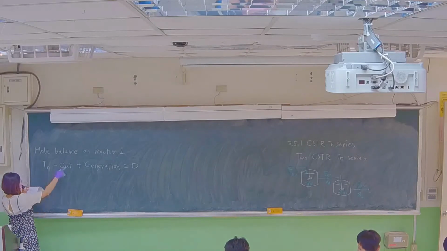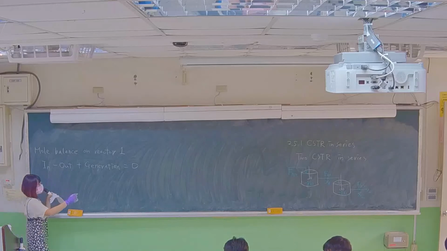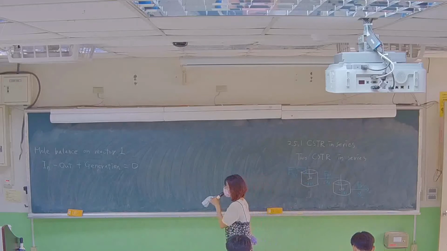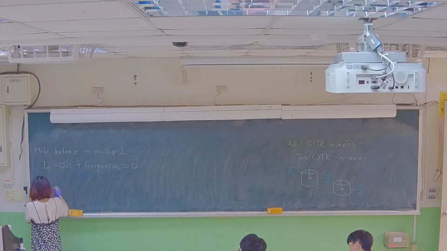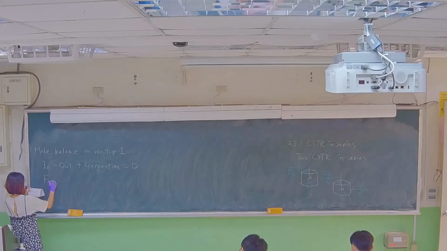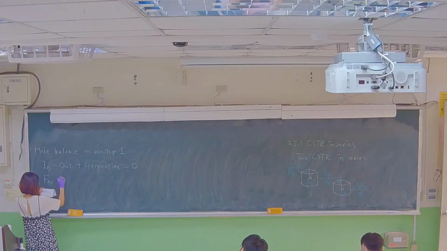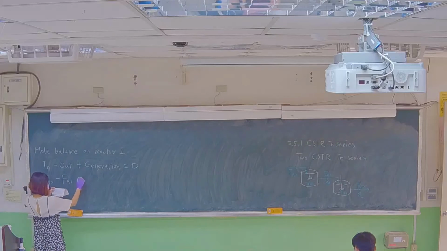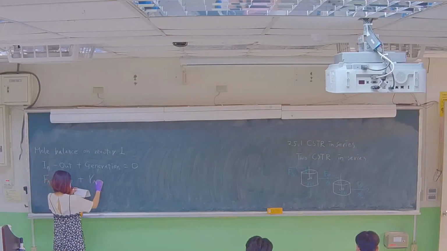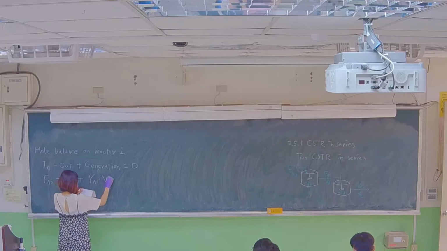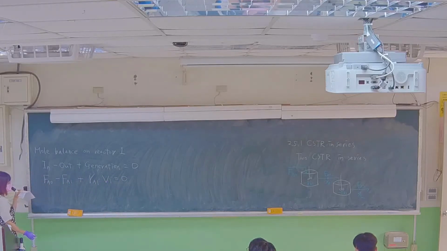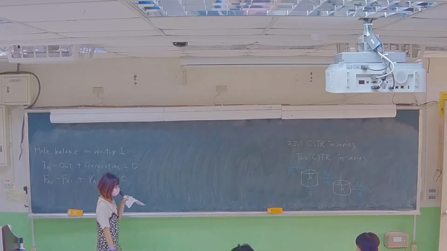So you put in the symbols. Okay, what is in? Just consider this one. Inflow is FA0, right? Outflow, FA1. Generation, RA1 times V1. Very easy.